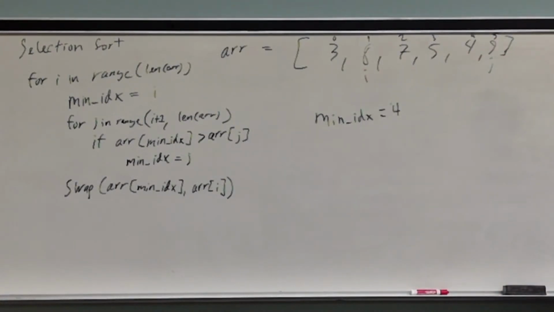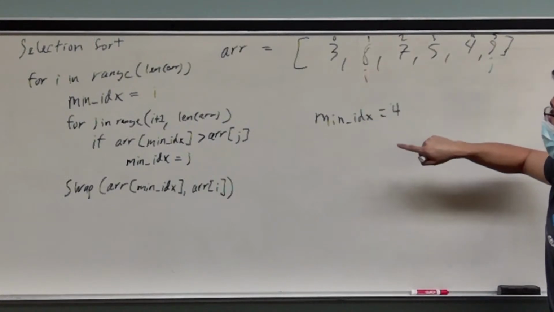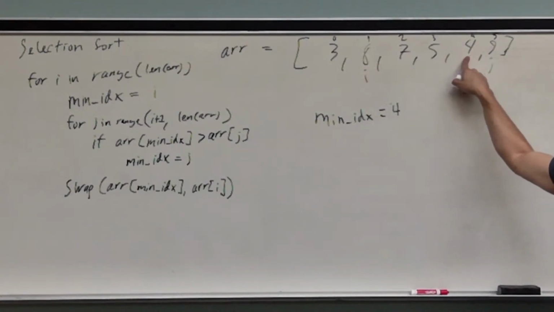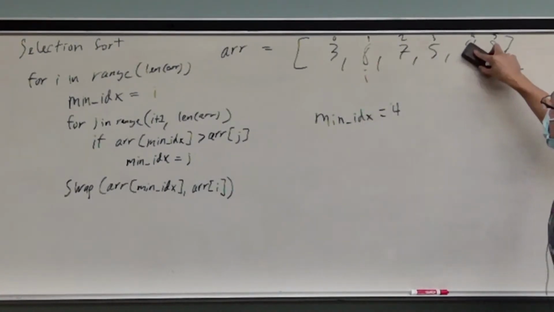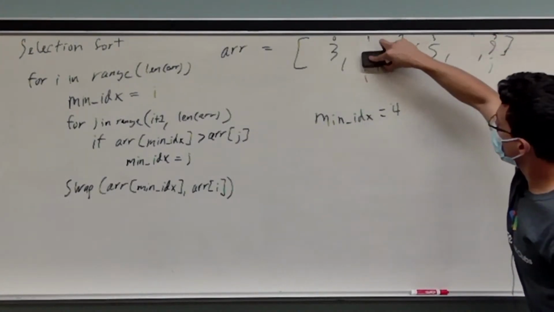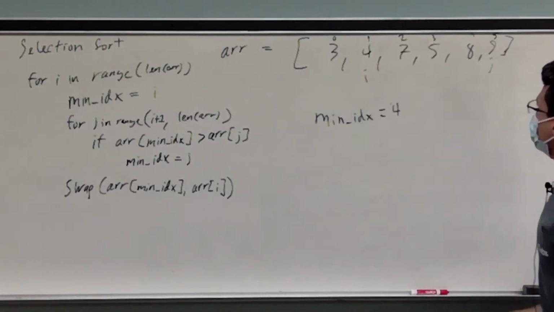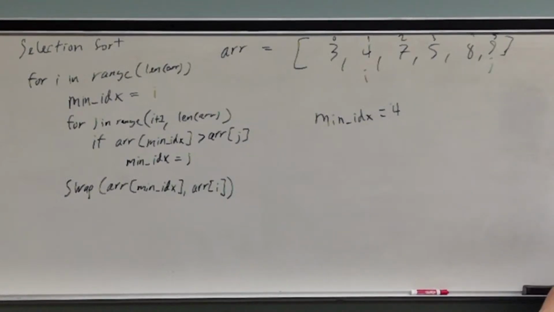So now we have to swap the value at I, which is 8, with min index, because this is the smallest one we found apart from this section. And so on. This is going to take long if I go through the whole thing. But does that make sense so far?